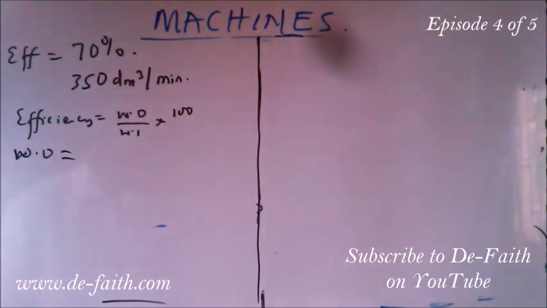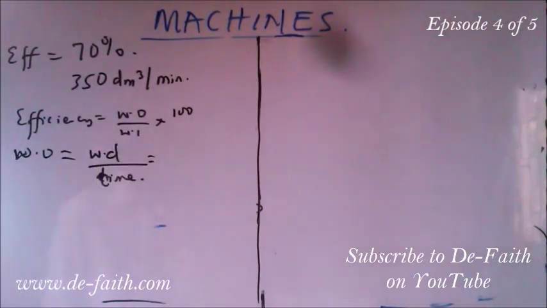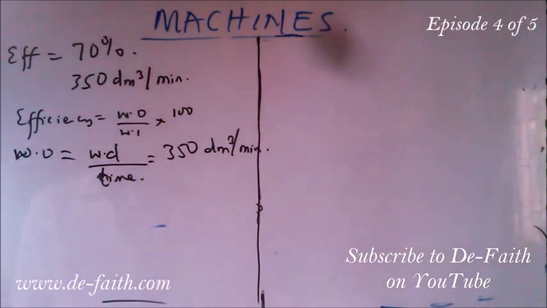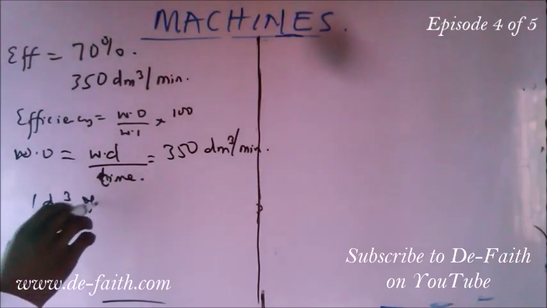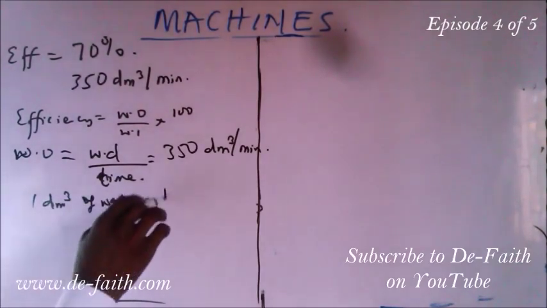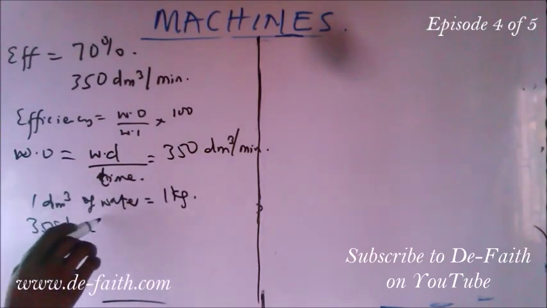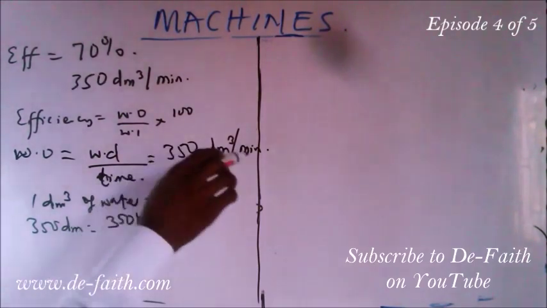So the work output is the rate at which the water was delivered, and we have it as 350 dm cubed per minute. Now we need to convert this into the right units. We have that 1 dm cubed of water is equal to 1 kilogram, meaning that 350 dm cubed is equal to 350 kilogram as well. Then we're given per minute.